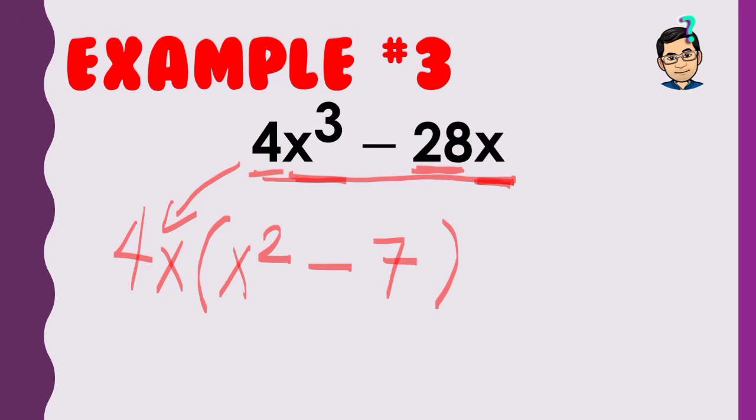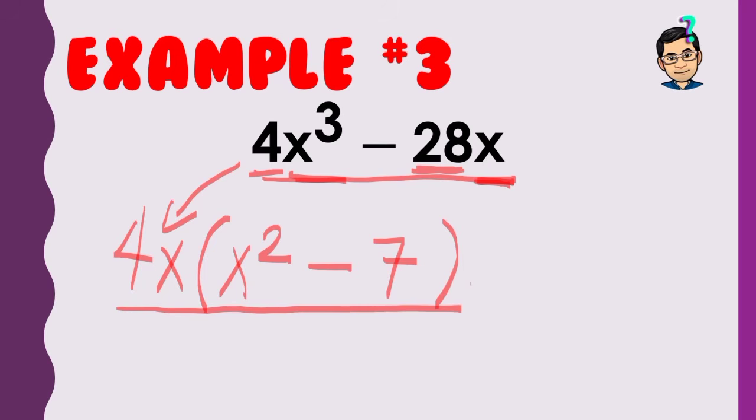So, yung law of exponent kasi, yung quotient rule, kapag dinidivide natin yung mga same expressions, nagsusubtract tayo sa kanilang exponent. So, kung ang exponent nito ay 3, exponent naman ng common monomial factor natin na x is 1, that is 3 minus 1, kaya naging x squared. So, this is the factored form of 4x cubed minus 28x.